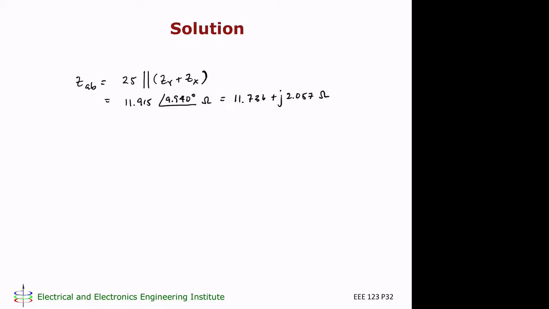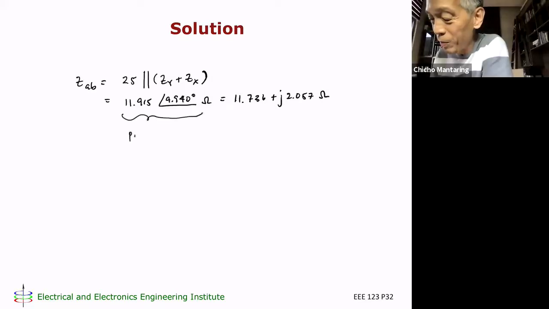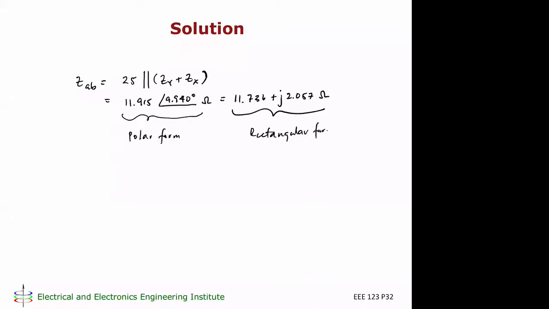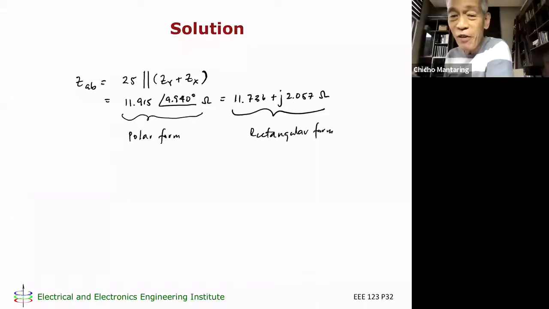Okay, this is polar form, and this is rectangular form. But Z is not a phasor. Our phasors are typically voltages and currents. Our impedances are not phasors, they're just complex numbers. Okay?